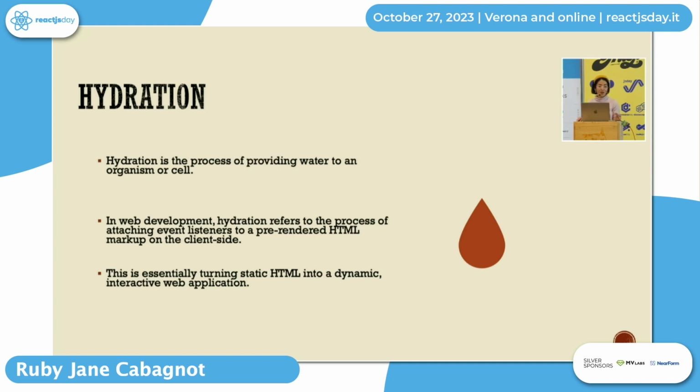Hydration is the process of providing water to an organism or cell. But in web development, hydration refers to the process of attaching event listeners to pre-rendered HTML markup on the client side, essentially turning our static HTML into a dynamic, interactive web application.